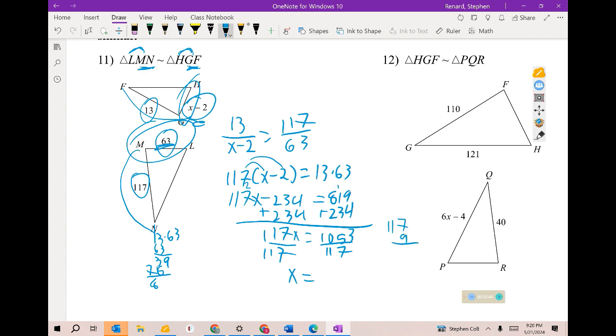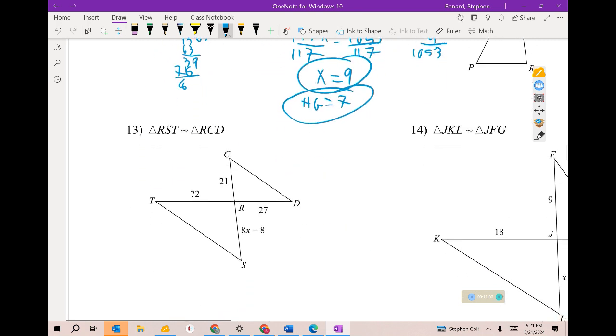Let's try 9. 9 times 7 is 63. 9 times 1 is 9, plus 6 is 15. 9, 10, 53. Sweet. So x is 9. So x is 9, and then HG is 9 minus 2 equals 7. Hopefully that made sense. If not, come and see me during lunch.